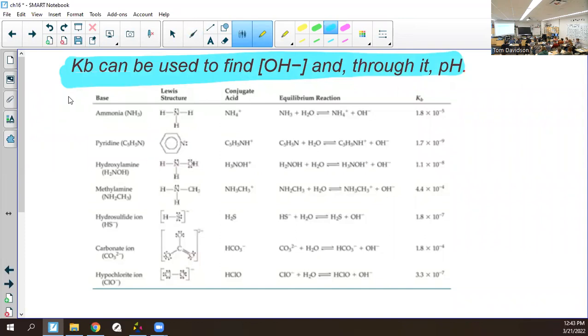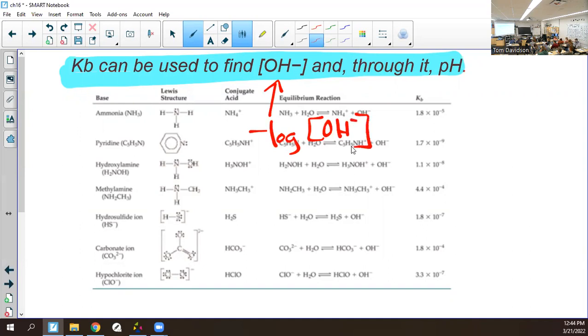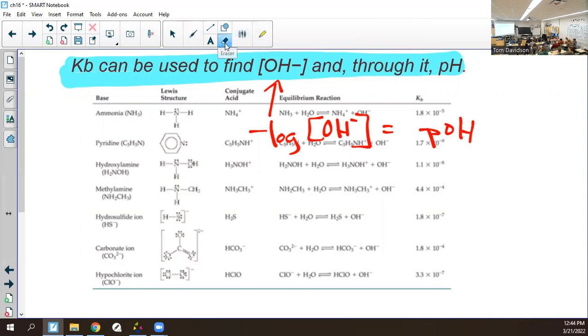Kb can be used to find hydroxide and through it pH. Because remember, this is important stuff: if I know the hydroxide, I can take the negative log of the hydroxide concentration, and that will equal the pOH. So I wouldn't do it this way if I were you.